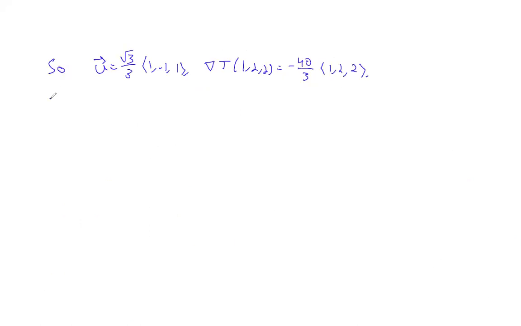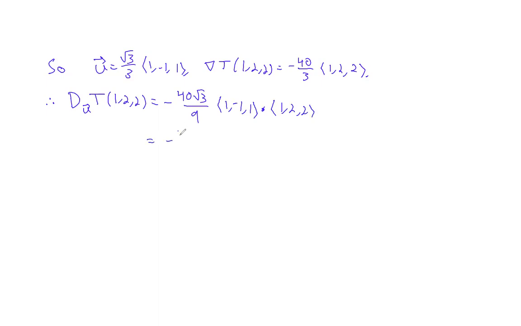So our rate of change is the dot product of these things. That would be negative 40 root 3 over 9, just multiplying the constants out front, times 1, negative 1, 1 dotted with 1, 2, 2.